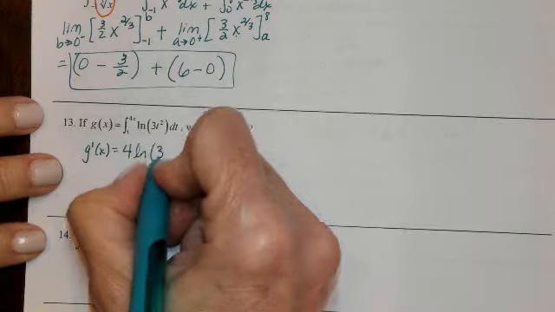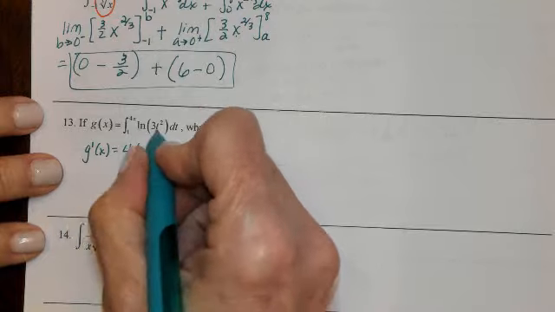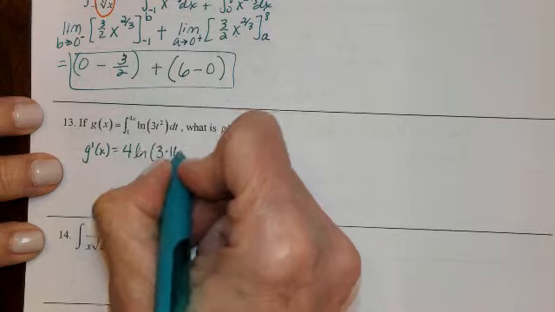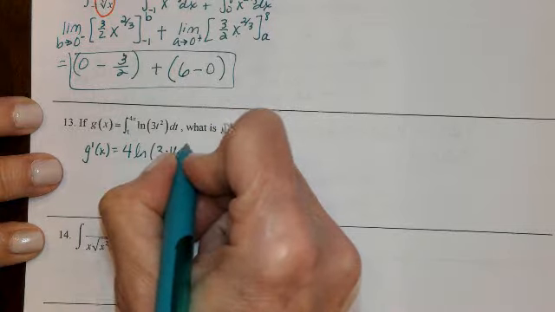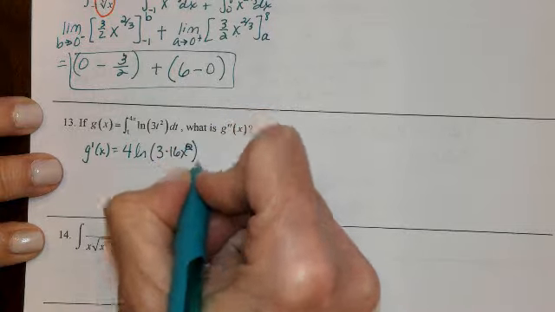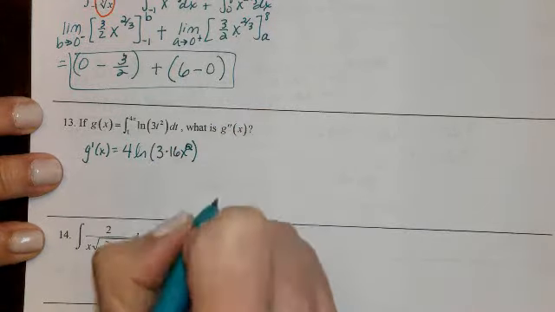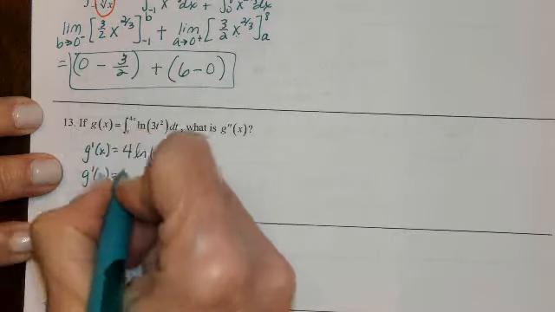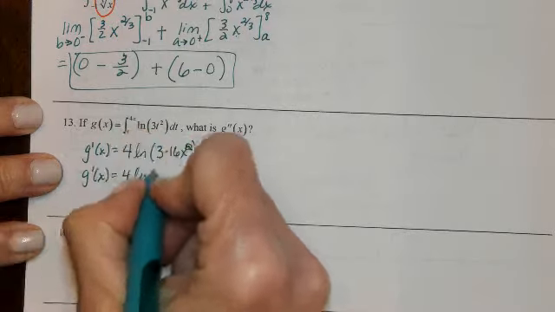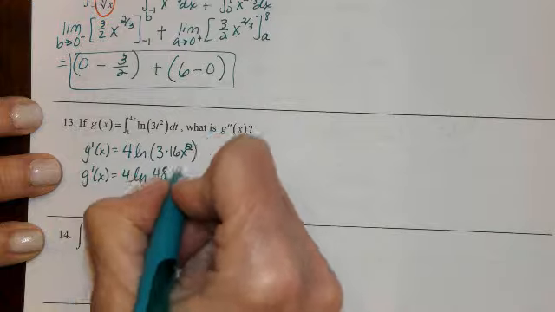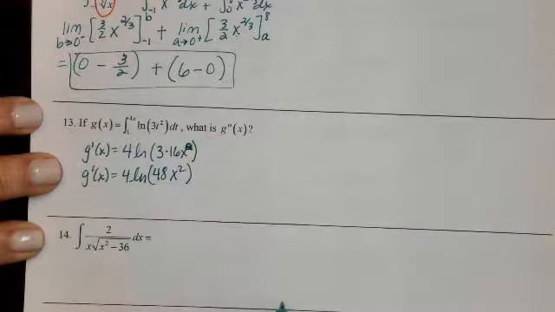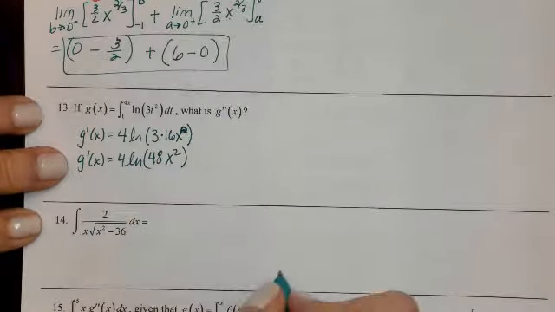So this will be 3 times 4x all squared, so 16x squared. I'm going to simplify that. So that is g prime.